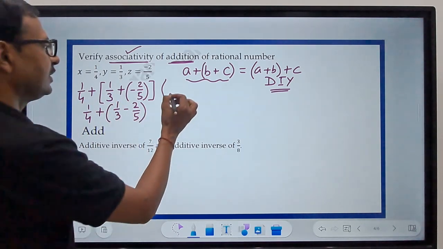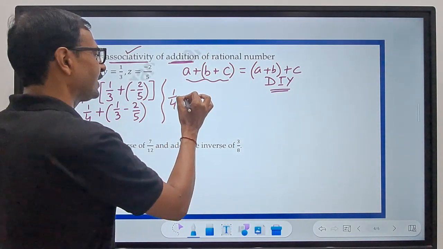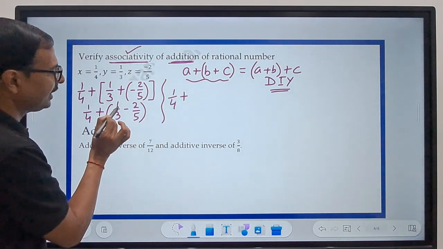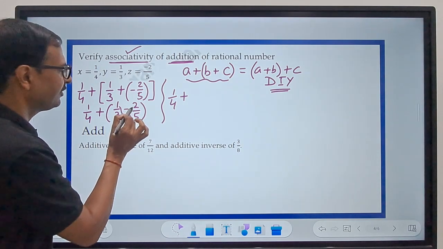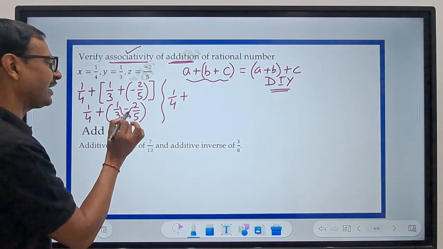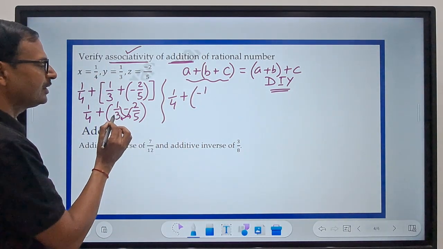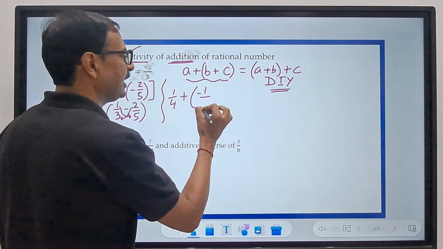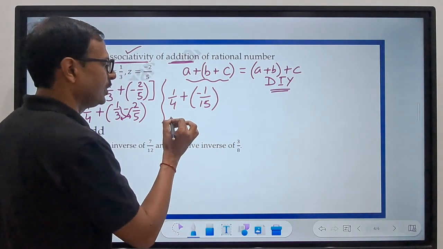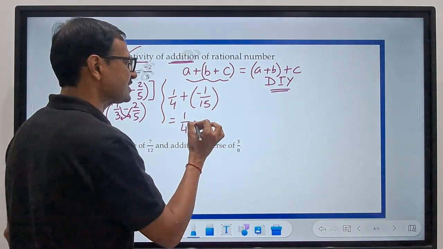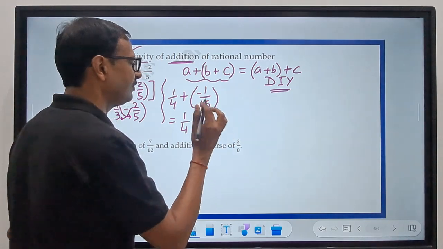So 1/4, this remains the same, and what do I get here? I use the butterfly. This is 5 and this is 6. So 5 minus 6 is minus 1, and in the denominator 3 times 5 is 15, and so this is going to be 1/4 plus minus 1 by 15.